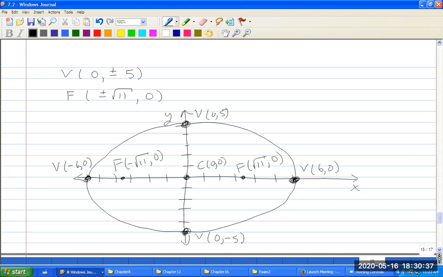So here are the foci, the center, and the vertices, and that's what my ellipse looks like. Of course, this is my major axis, and this is my minor axis.